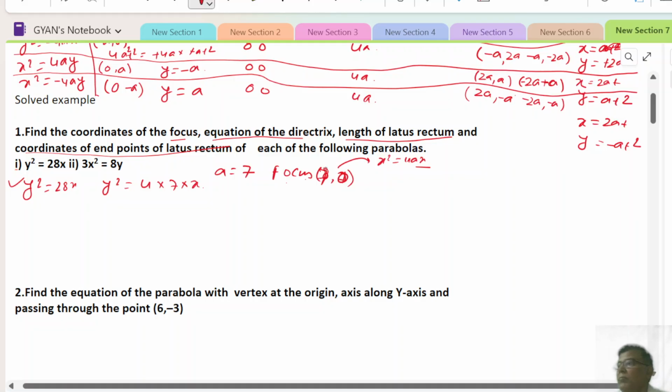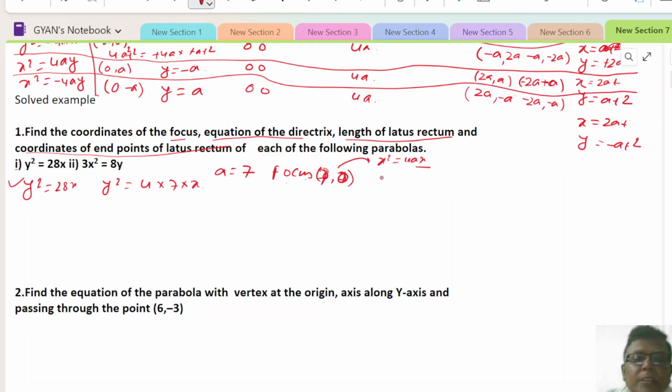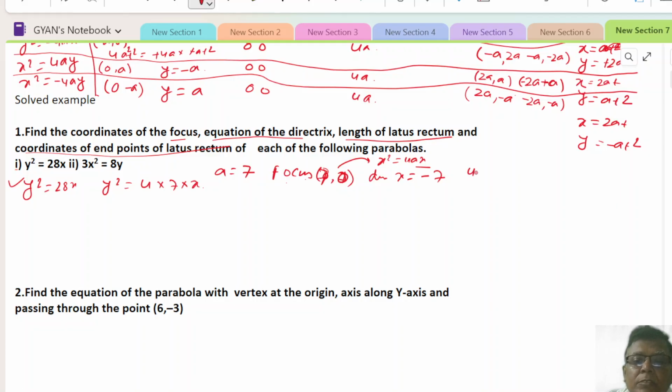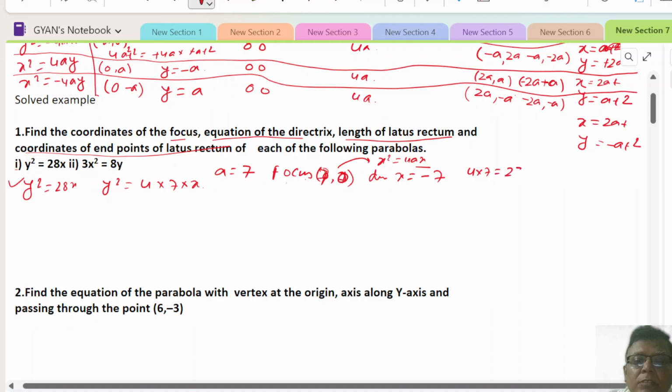Here the directrix is x = -7. Length of latus rectum is 4a, 4 into 7 is equal to 28.